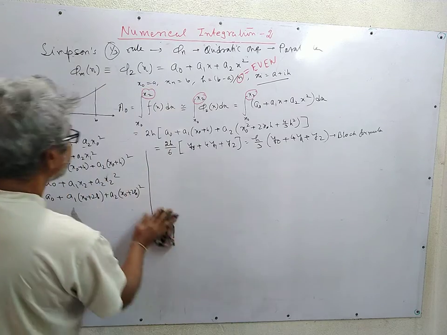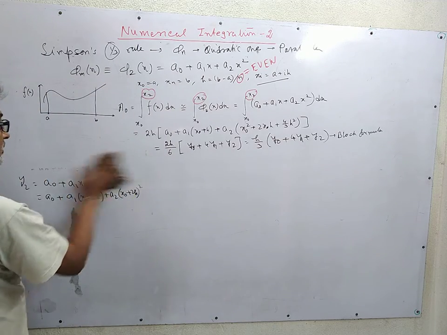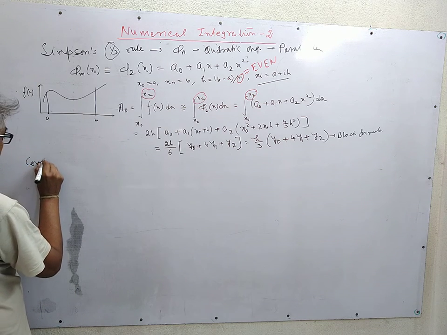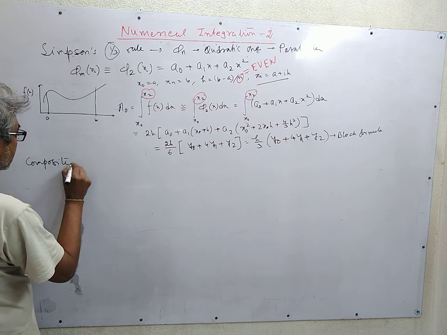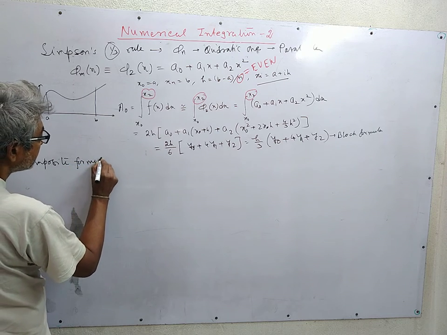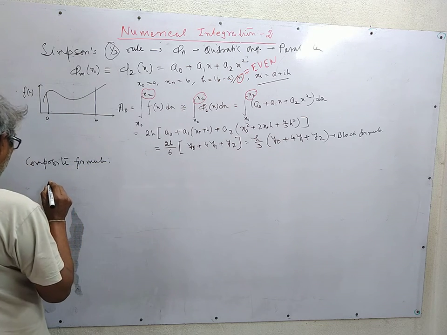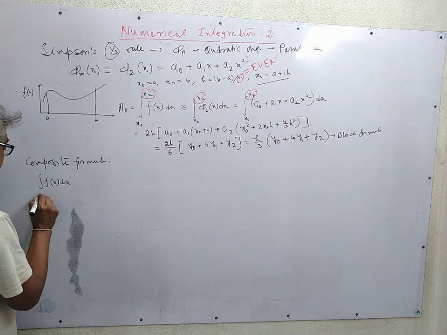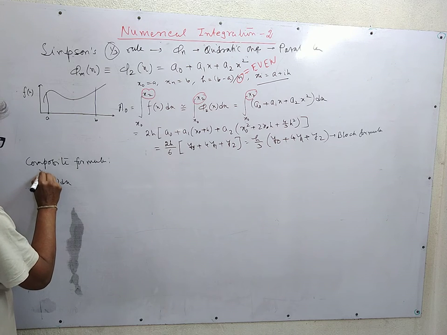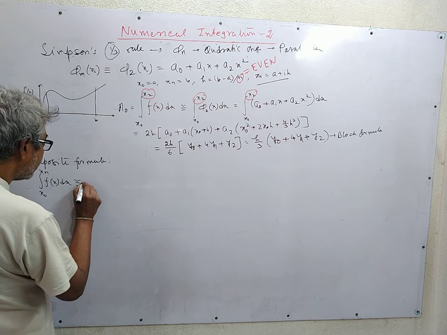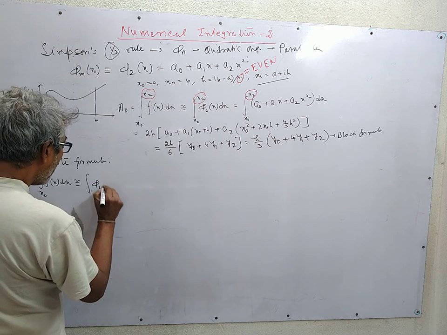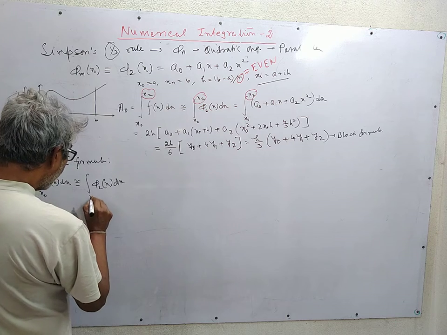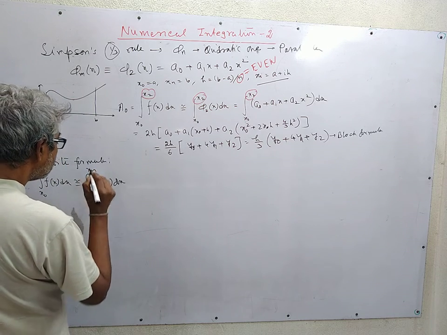Now coming to the composite formula. Composite formula, we write integral of f of x dx from x0 to xn. We approximate it by integral of phi 2 of x dx from x0 to xn.